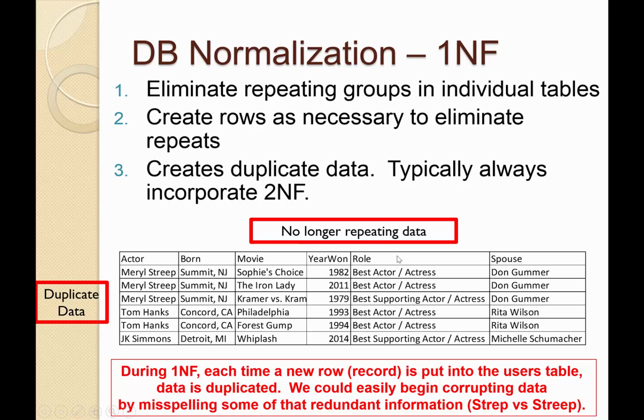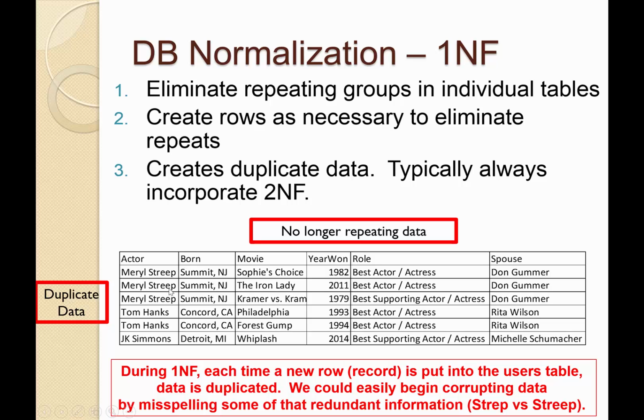So right now at this point in time, we eliminated the repeats. However, that came at the cost of potentially creating duplicate data. So for example, if we took these first 2 rows, in the first row somebody spelled Meryl Streep correctly, and in the second row spelled it S-T-R-E-P, we wouldn't know if Meryl Streep's name had 2 E's or 1 E in there.